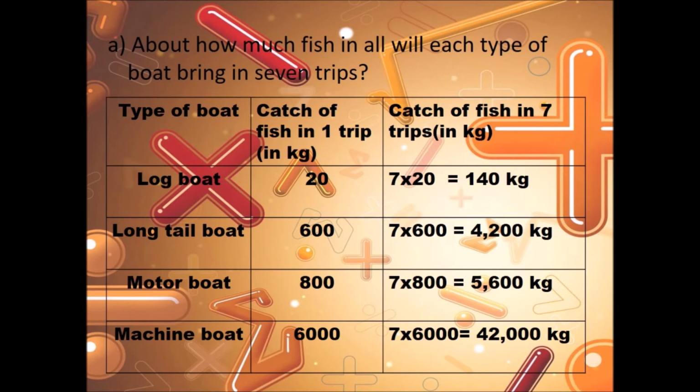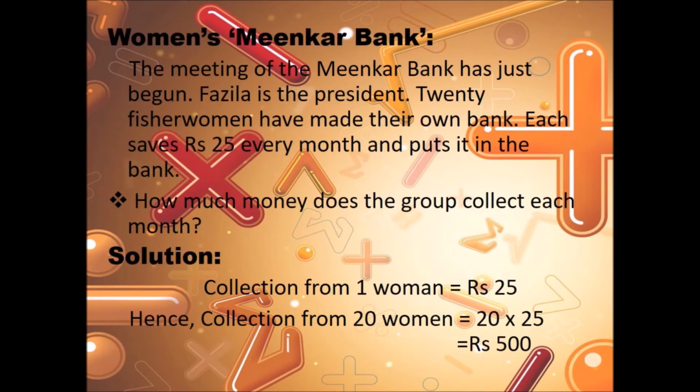Similarly, the motor boat can catch in 7 trips 7 into 800, that is 5600 kg. Similarly, we can calculate the machine boat, that is 7 into 6000, which is equal to 42,000 kg of fish caught by the machine boat in 7 trips.